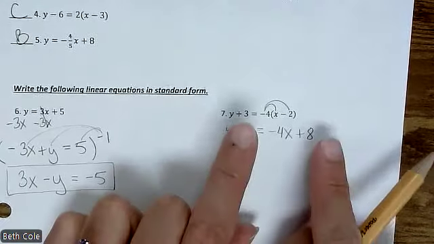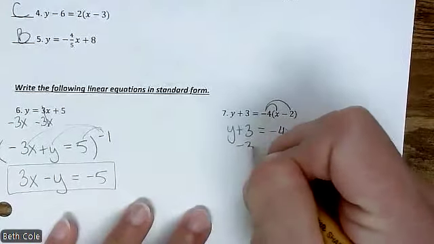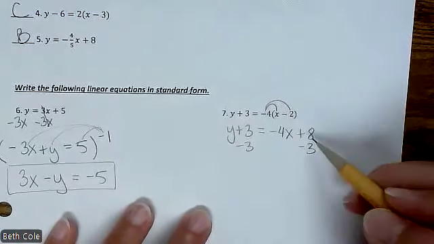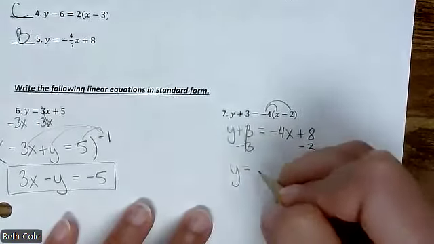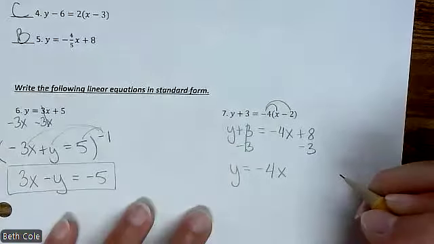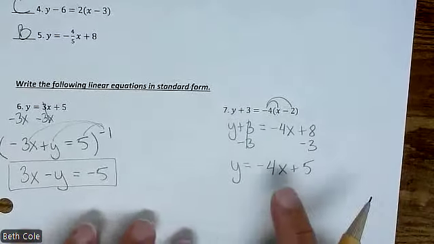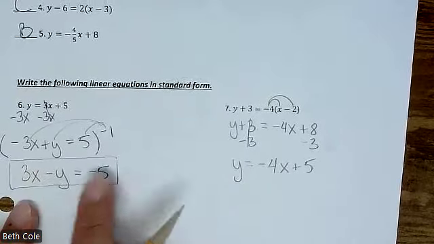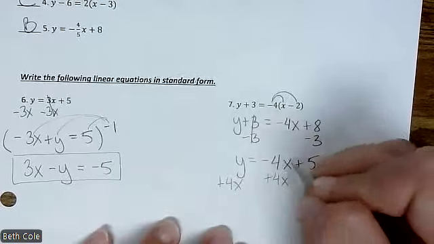Then what I want to do is get all of my like terms together. So I'm going to subtract this 3 to the other side so I can combine the 8 and the 3. So it's going to be y equals -4x plus 5. And then I need to get it in the right order. So x, then y, then the equal sign. So I'm going to move this 4x to the other side.